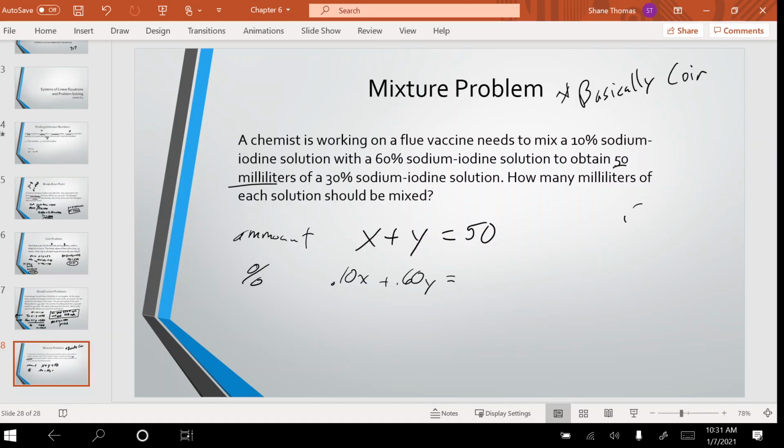So I need to take my 30%, which is what I want. How many milliliters do I want total? 50. What is 30% of 50? That'd be 15. So that would be equal to 15. This one here is the only tricky thing. You have to take your percentage times your amount and put it in. All right, then you can just solve it, substitution, elimination, any way you want to.